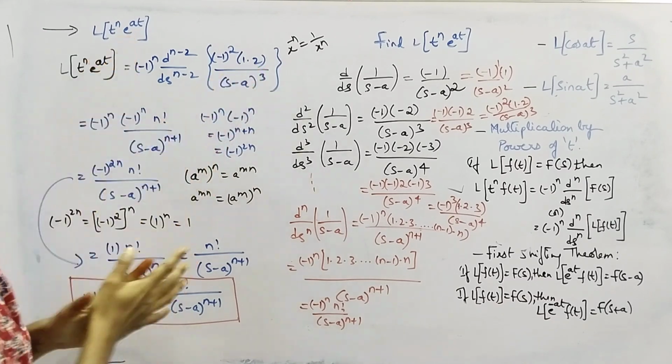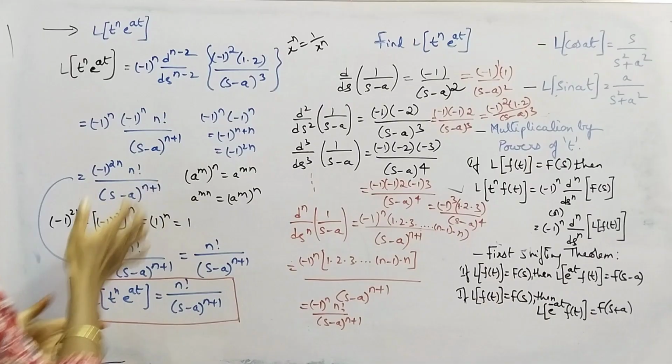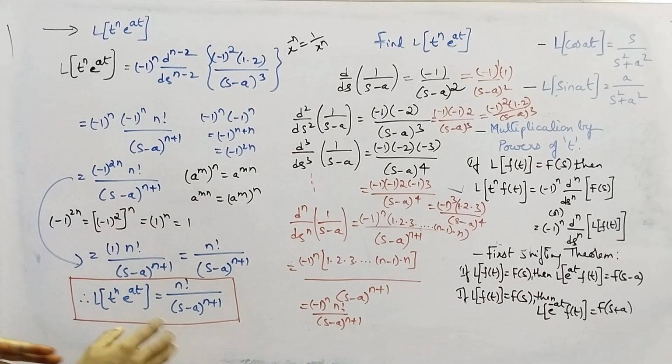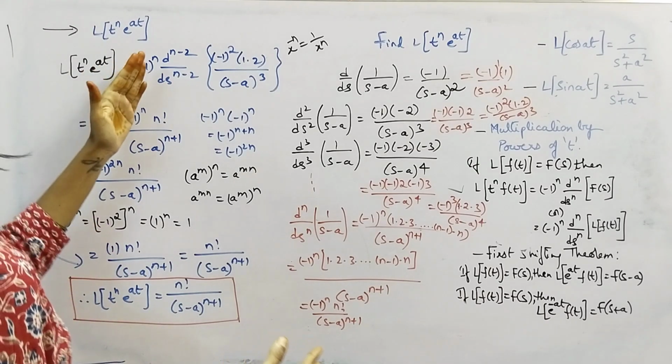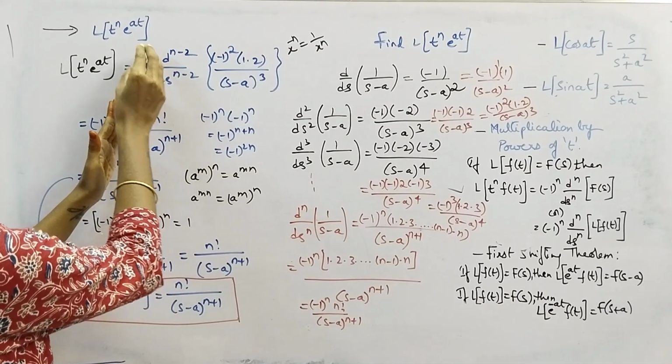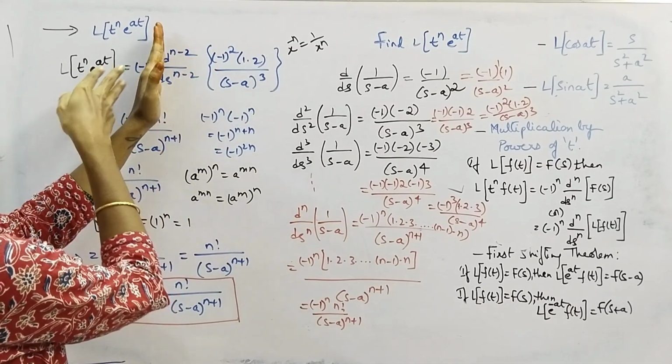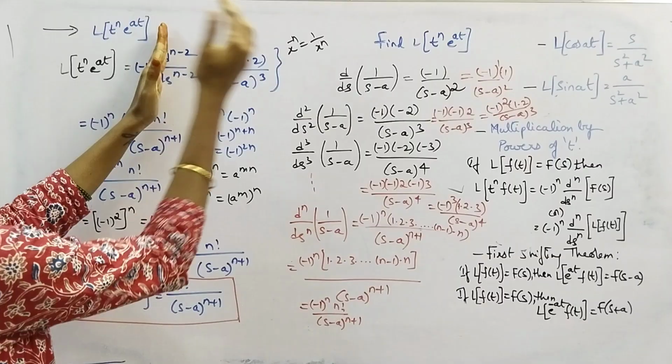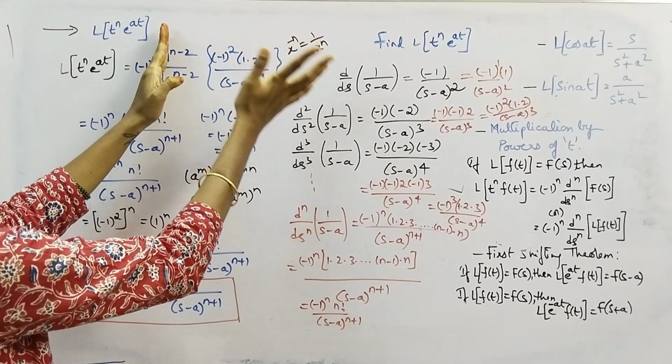Directly it's not possible to find all the n derivatives. Don't expect me to solve all the n derivatives, because you get so many numbers. So finally you'll write minus 1 power n, which is the number apart from the derivative of 1 by s minus a.